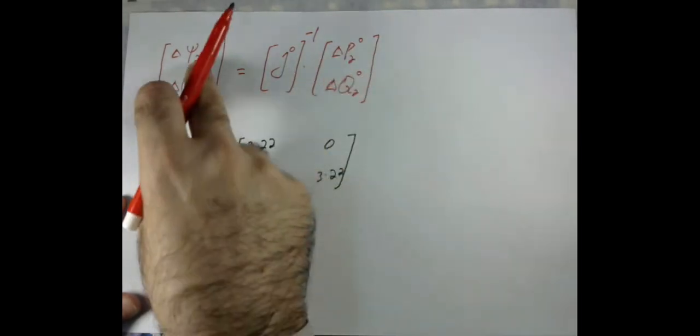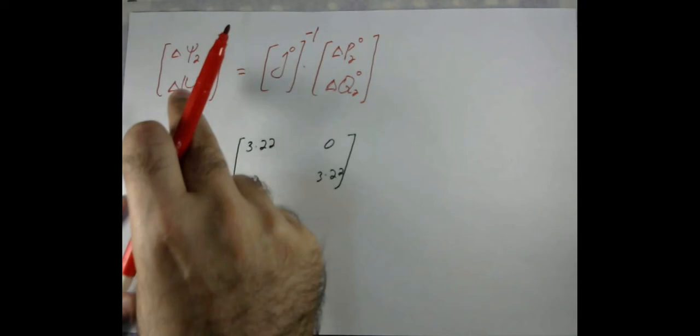Now we can find the inverse, so that it can be multiplied with the power mismatches to get the error in the angle as well as in the voltage.